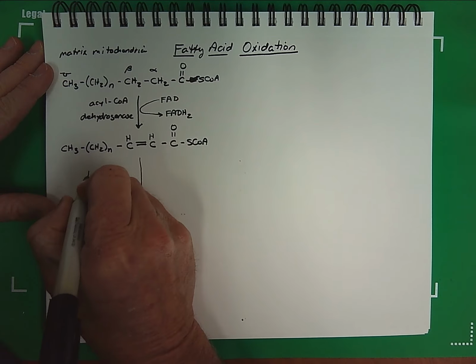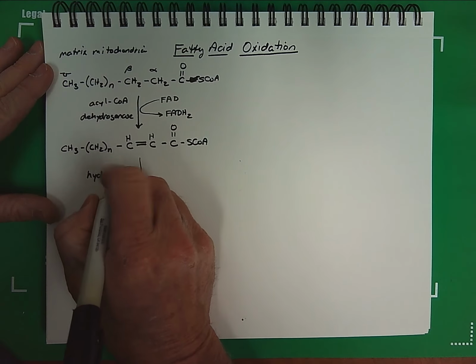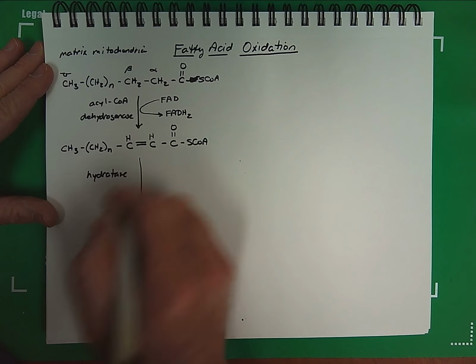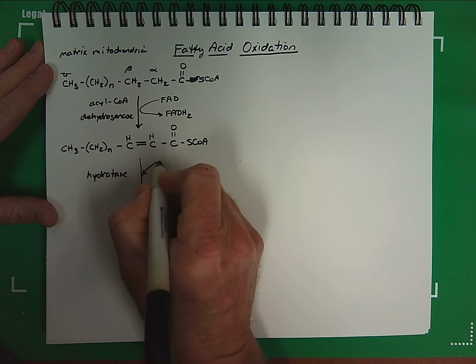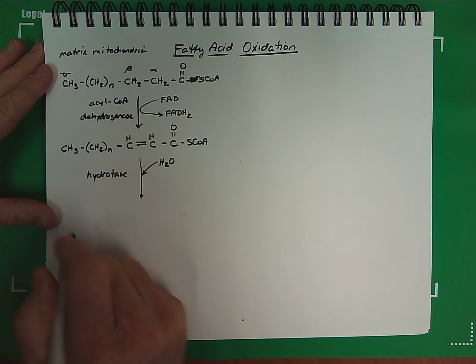Now the next reaction is performed by an enzyme called hydratase. Now hydratase simply is a hydration reaction, and we are going to be adding water across this double bond.